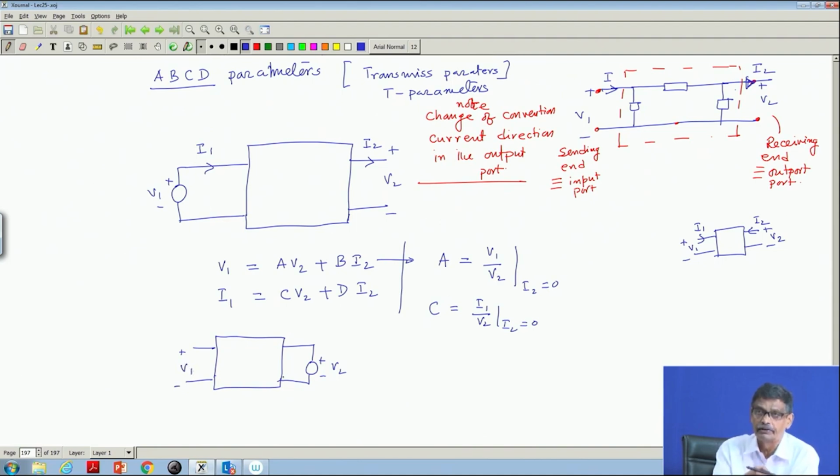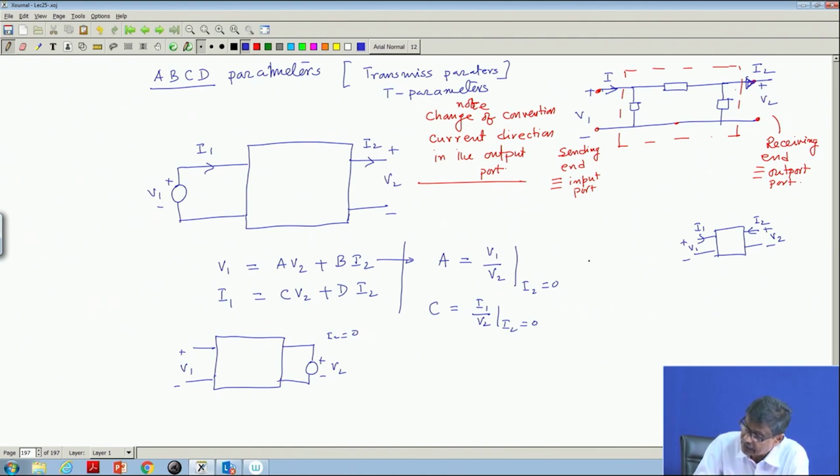That is what we have learned from earlier. But then there is a problem. You apply a voltage and still make I2 equal to 0, which is very difficult. It needs some understanding on your part, the way to apply a voltage and still claim that I2 equals 0.